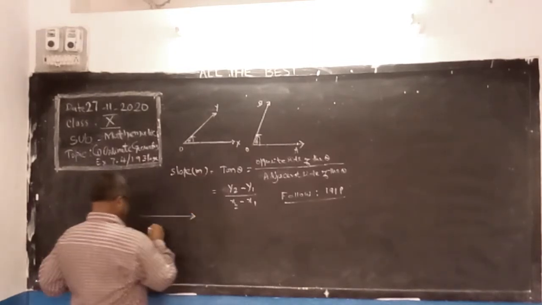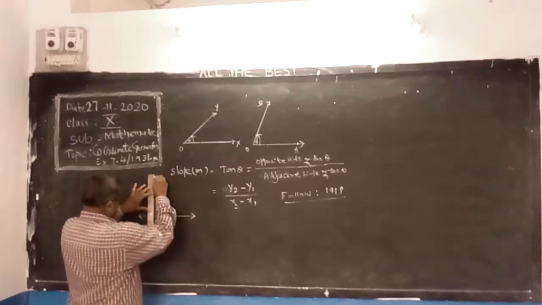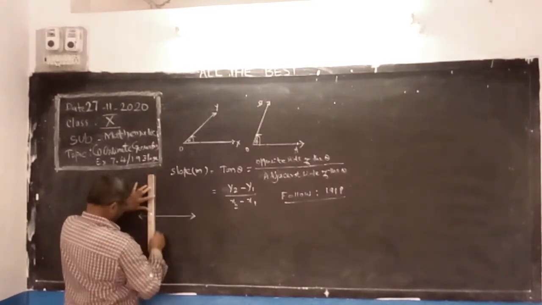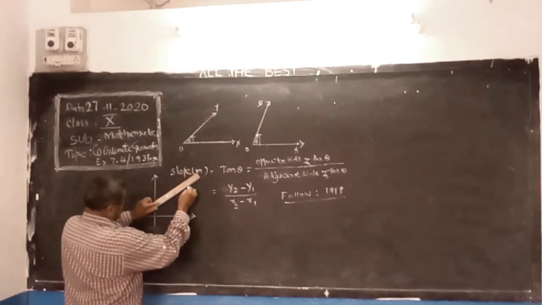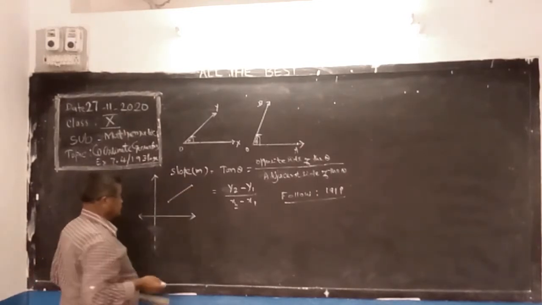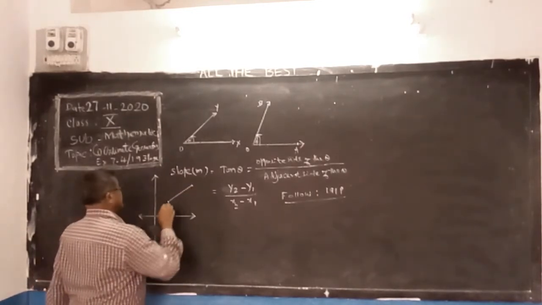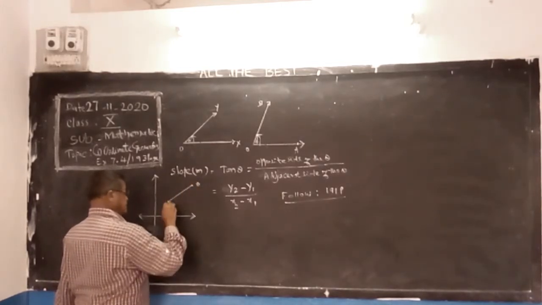This is the x-axis. This is the y-axis. Take a line. Slope of the line AB.